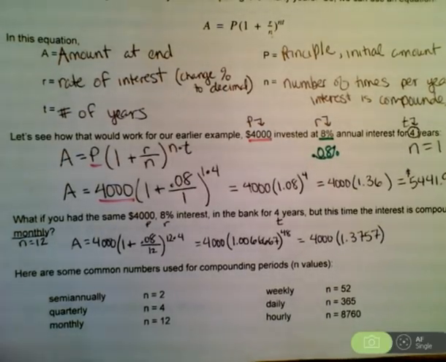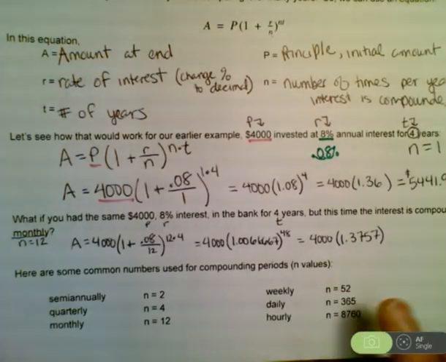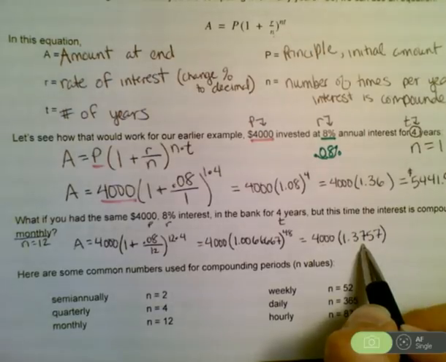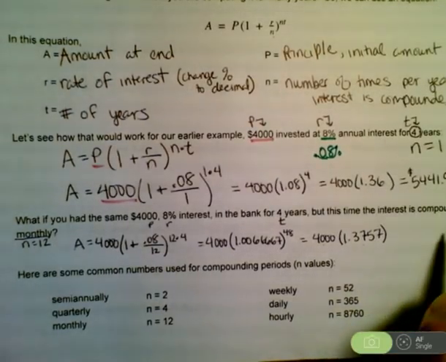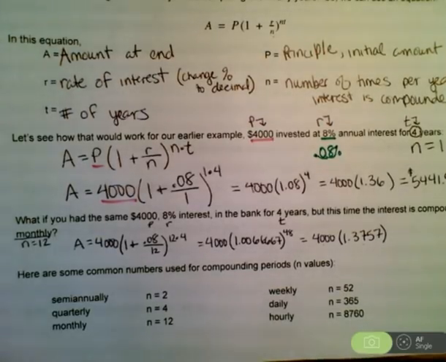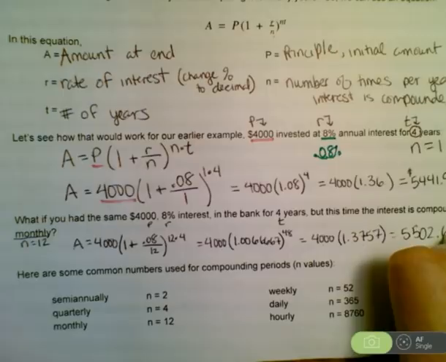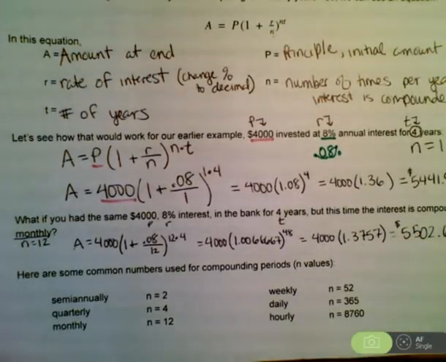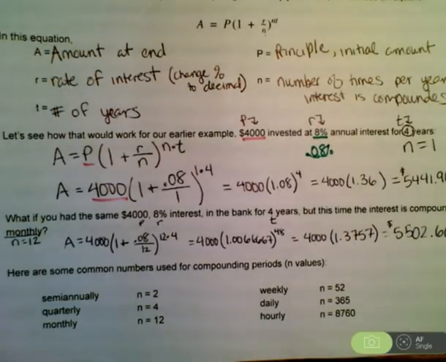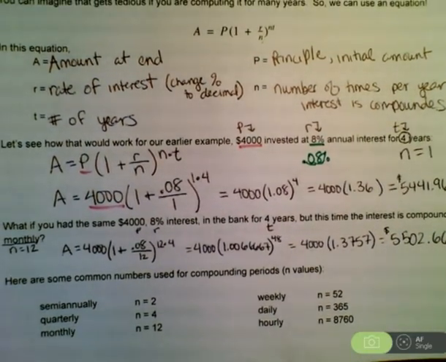And I'm keeping this in my calculator and multiplying by 4,000, so my answers might be a little different than if you just do 4,000 times this number, because mine has 6s and 7s and more going on there. I get 5502.66. So you can see it's not a lot different, but it's $60 more. So given a choice, you want the more frequently compounded interest.